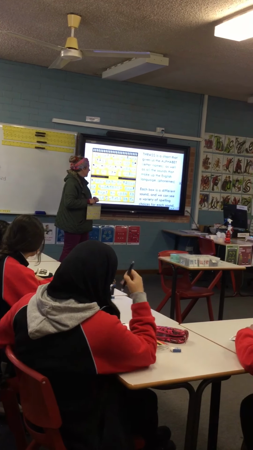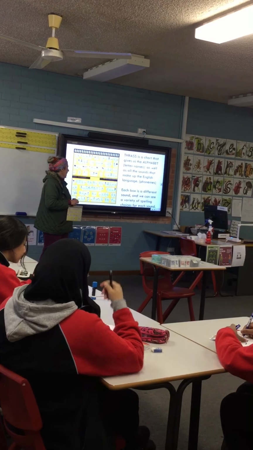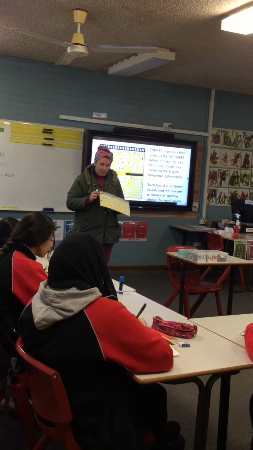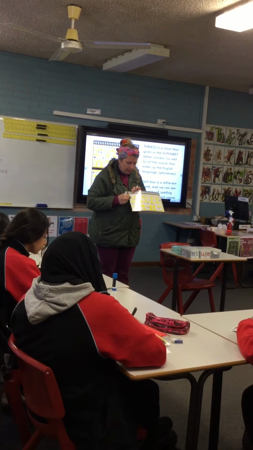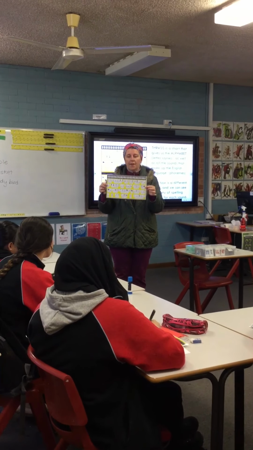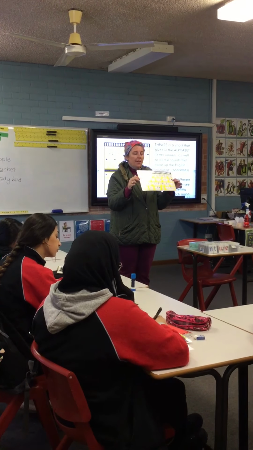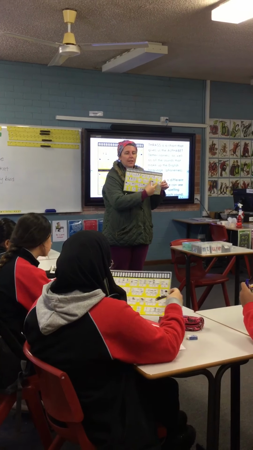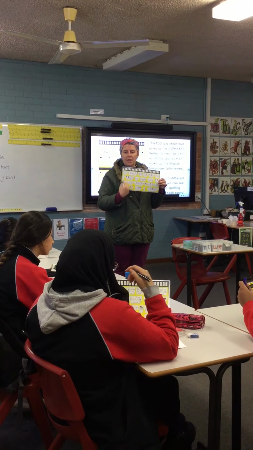Each box is a different sound, and we can see a variety of different spelling choices. So let's look at the first box. What do you think this side is with the alphabet? Is this the vowels or consonant side? Have a look on your yellow chart with the alphabet up the top. Do you think these sounds are consonant sounds or vowel sounds?